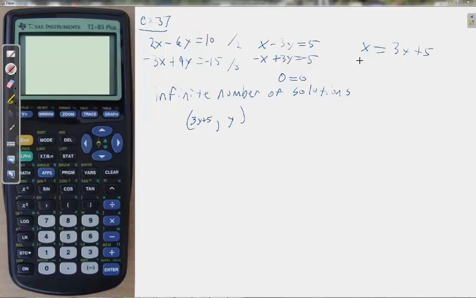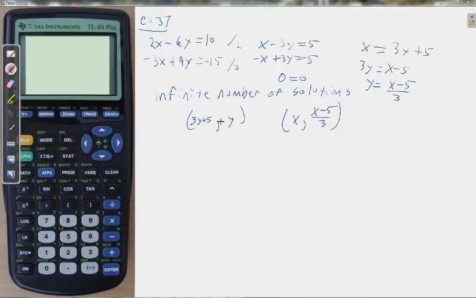It just depends on which one they tell you to leave arbitrary on the actual homework. And if you solve for y, you get 3y equals x minus 5, so y equals (x minus 5) over 3. That would be the other possible solution. And again, you can check them if you want.